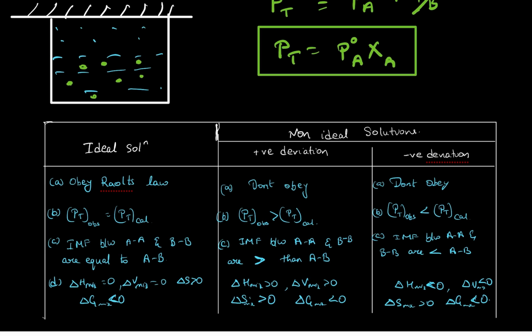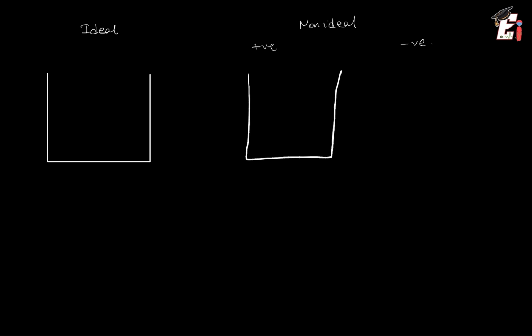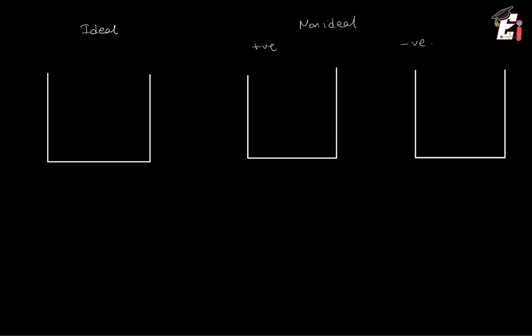Same way, if you talk about the diagram of these, basically if you are going to draw the diagram for ideal, non-ideal, positive and negative deviation, if you look at this graph, this is positive deviation from Raoult's law, this is negative deviation from Raoult's law.